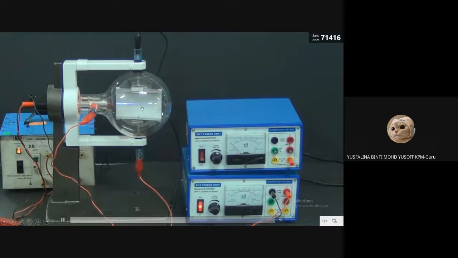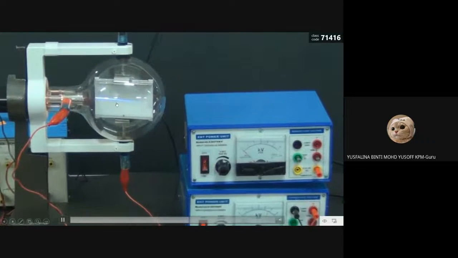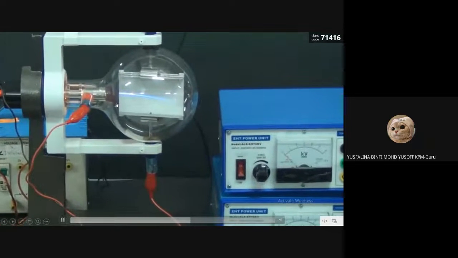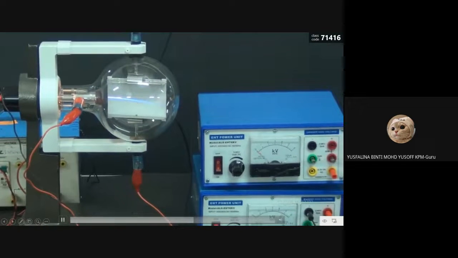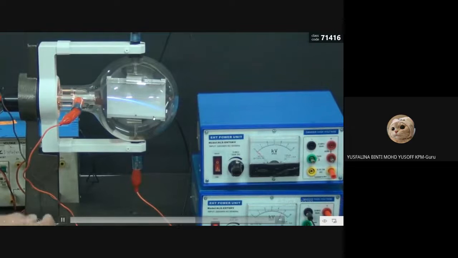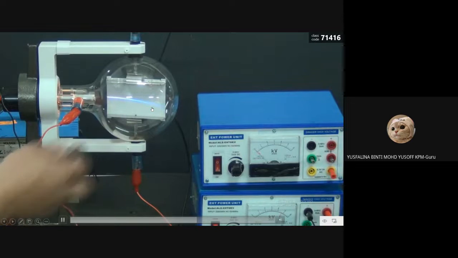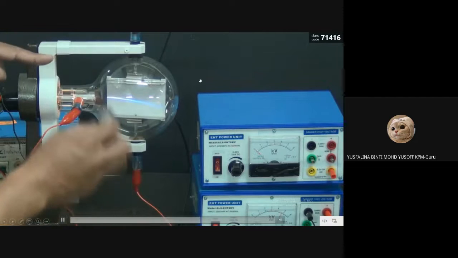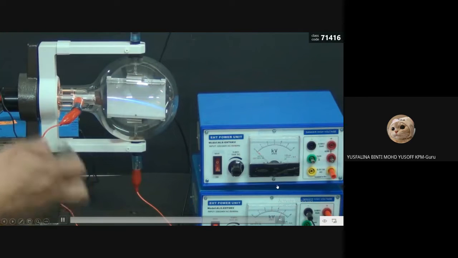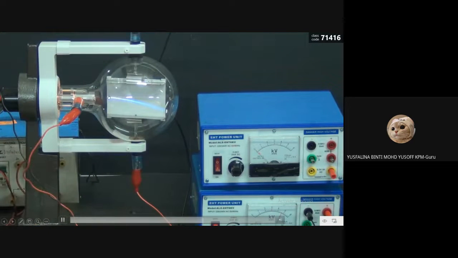I mean this one is not switched on, right? So it will move in a straight line. But then after that we switch on, you can see it bends, right? It bends downwards. It actually depends where you put the positive and the negative. Let's say this one you put at the negative, and this one you put at the positive, so it will deflect to here.